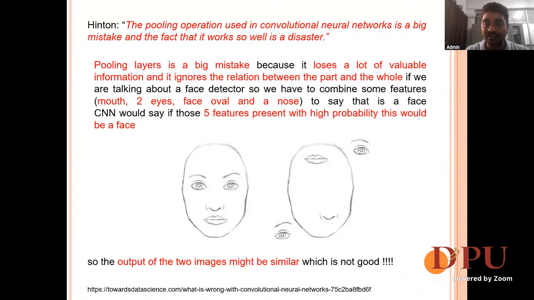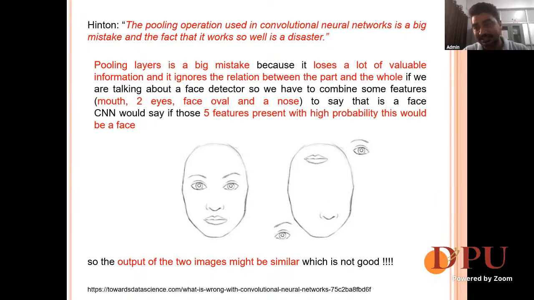If you look into these two images, you will see there are 2 eyes, 1 nose, 1 mouth. If you simply take all these things as points, say this is your face, this is your eye, this is your nose, this is your mouth, and simply toggle all those places, you would expect your CNN to say these faces are not similar.